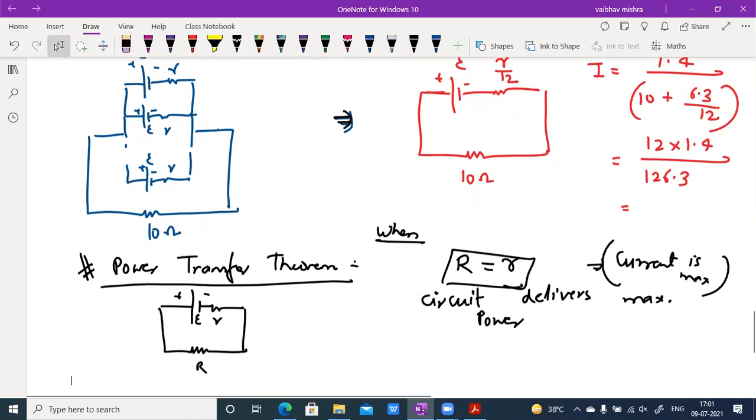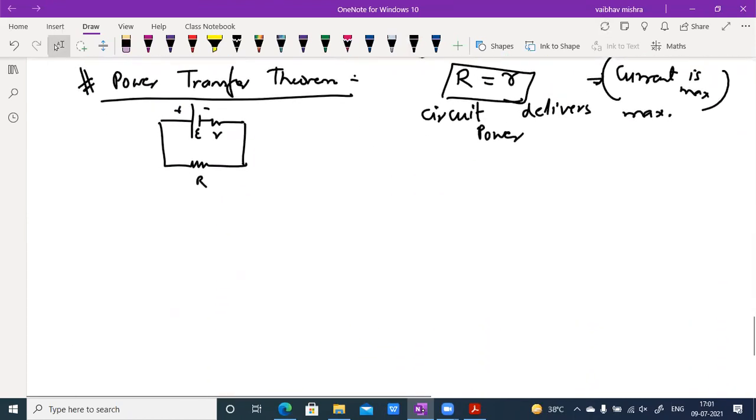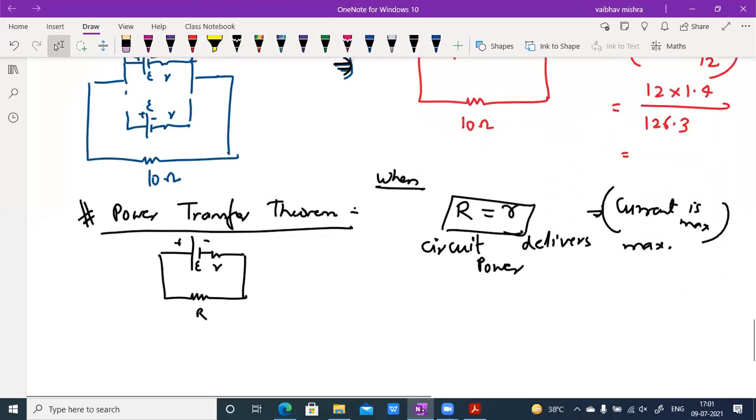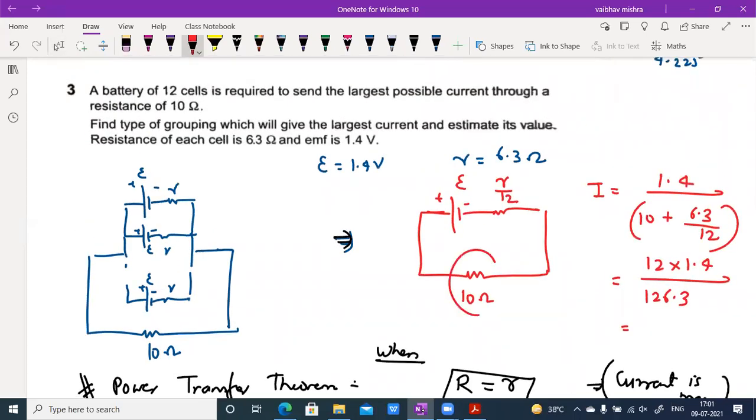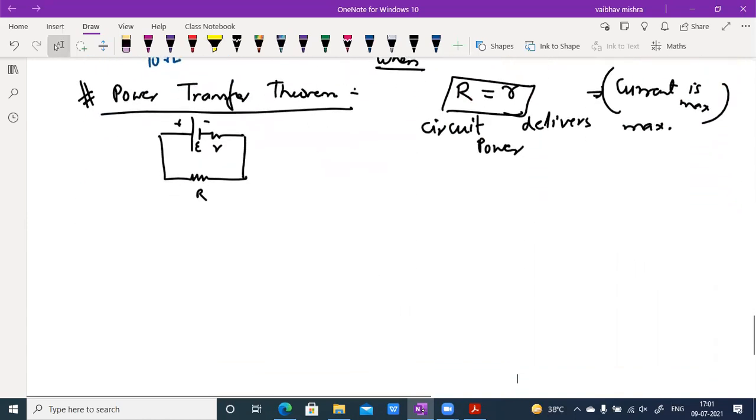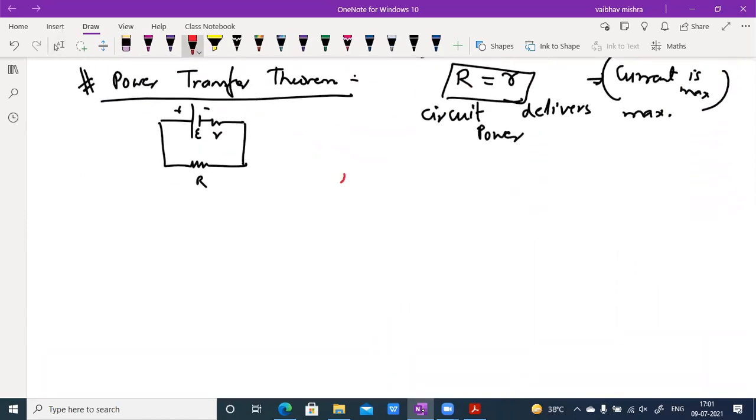If we connect all in parallel, then circuit resistances are not matching. क्यों? क्योंकि external resistance है 10 ohm और internal हो गया 6.3 divided by 12, approximately 0.52. So these two are not equal, therefore the circuit will not have maximum power, so the current will not be maximum. For maximum current or maximum power, the external resistance should be equal to internal resistance.